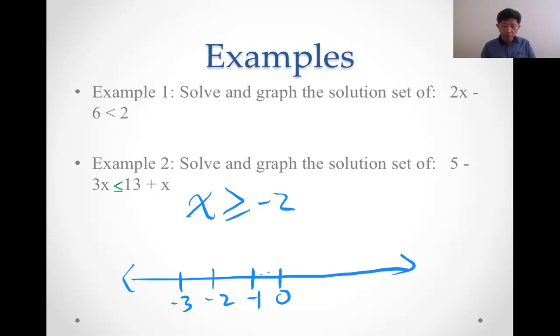Since we have an equal sign, that means -2 is covered, right? So all the way like this, that would be the answer on your graph. Does that make sense to you? So make sure, if you divide or multiply by a negative, the symbol has to flip, okay?